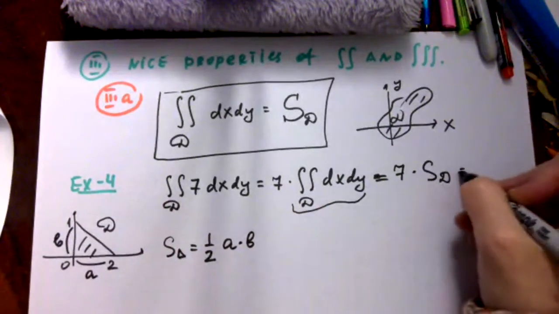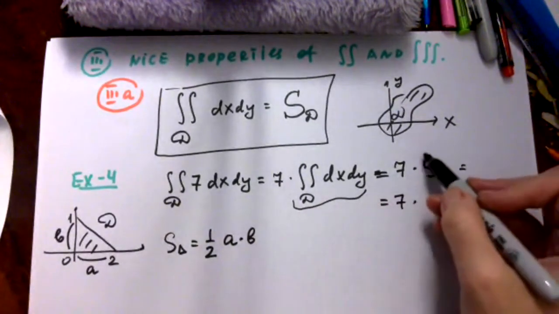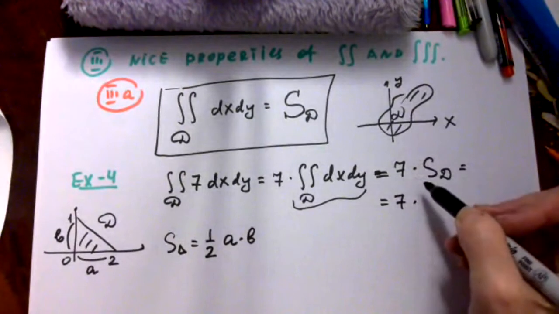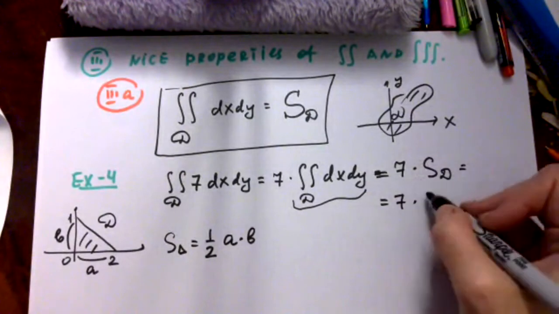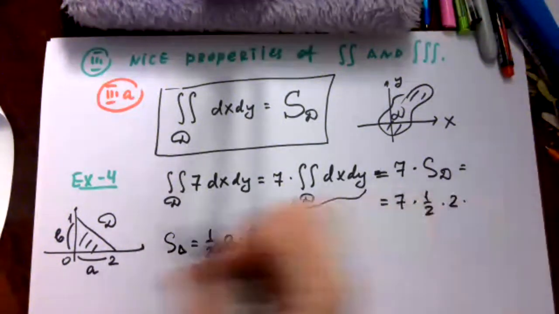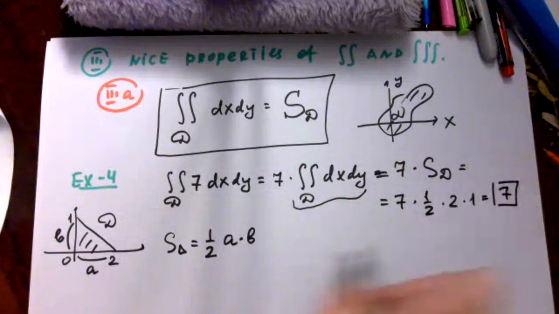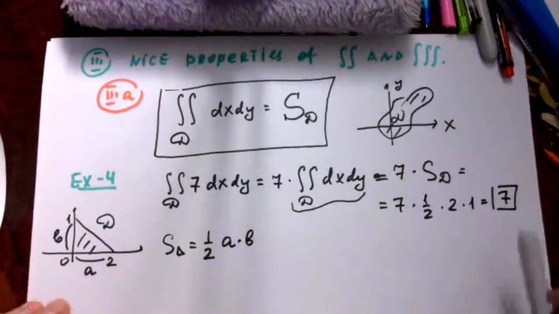So in our case, instead of doing all these boring calculations, we can just use the formula for calculating the area of the triangle. So 1 over 2, this side is 2, and this vertical side is 1, and that's it. So we immediately can get the answer. Now you can see how beautiful this property actually is.